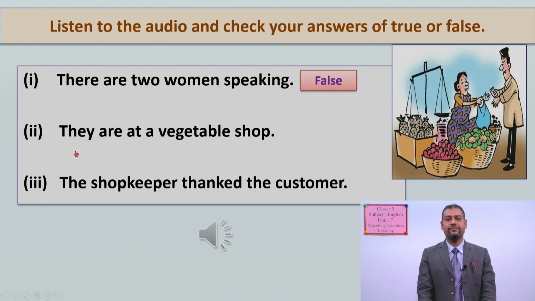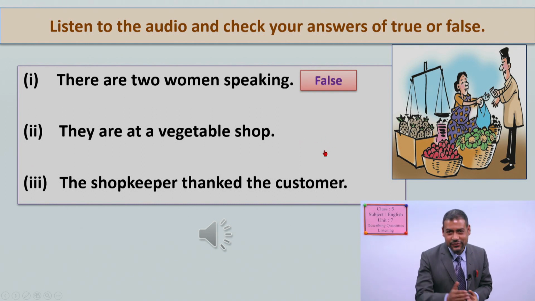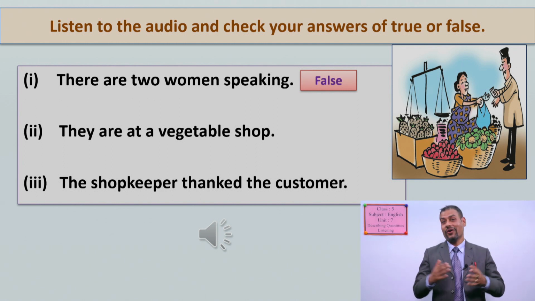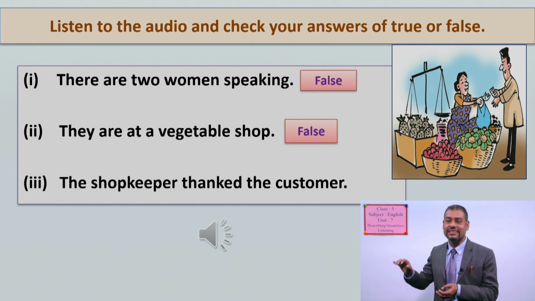Now, statement number 2. They are at a vegetable shop. So, again, I think it's very simple for you. What did you write down there? True or false? Obviously, dear students, now you check. That is false again, because the customer is not buying vegetables.